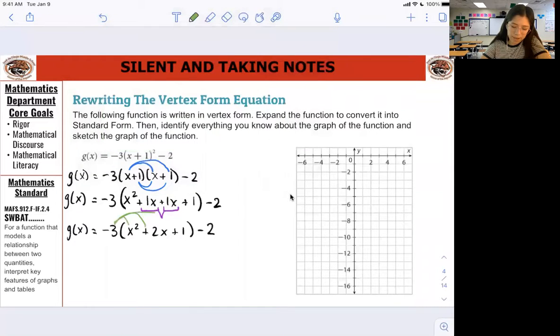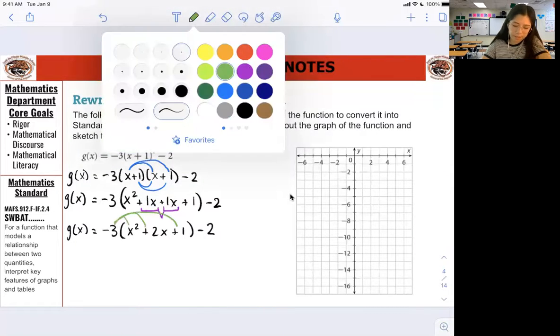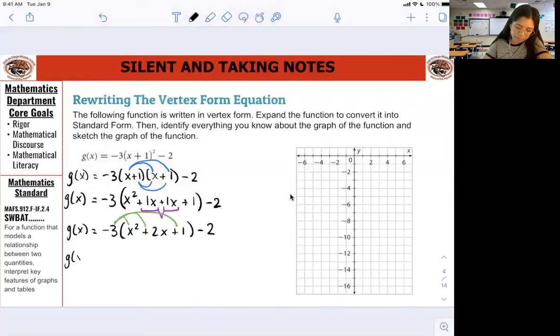Distributing my -3, what do I get? -3x. -6x. -3. Bring down -2.